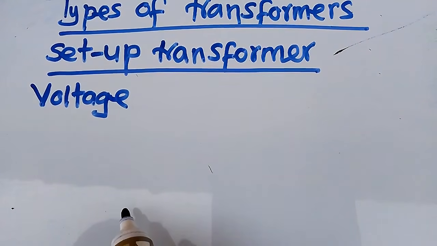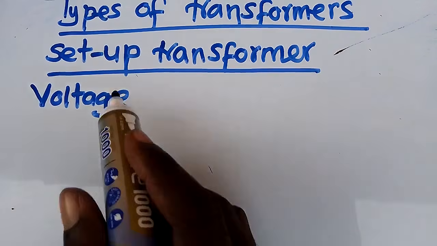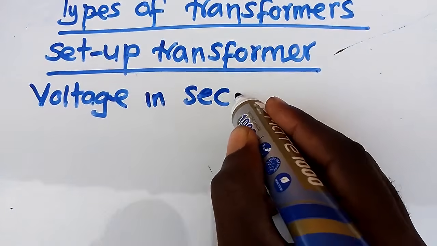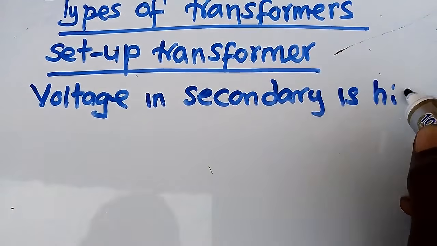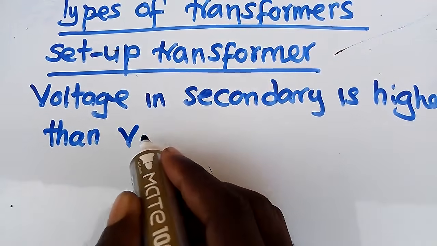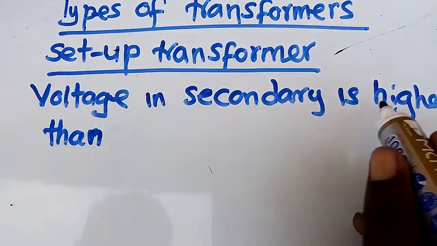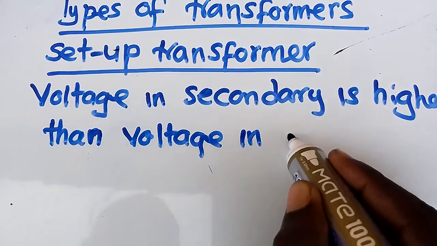In a step-up transformer, the voltage in the secondary coil is higher than the voltage in the primary coil. This is a step-up transformer. So voltage in secondary is higher than voltage in primary.